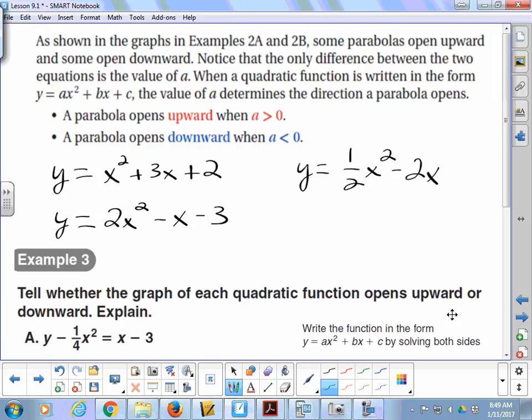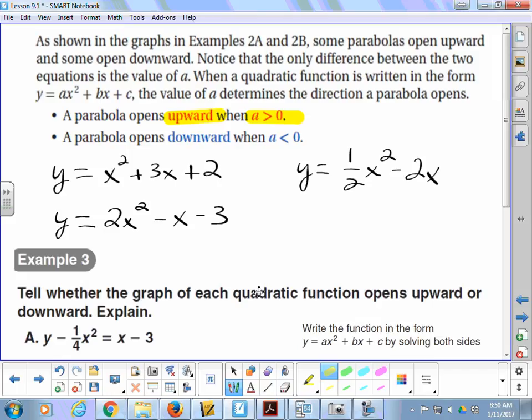All right, so what's the main difference? Okay, they opened down. All right, so here's the rule: if a is greater than 0, they open upwards.